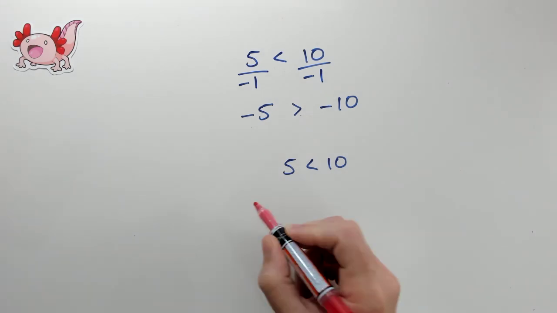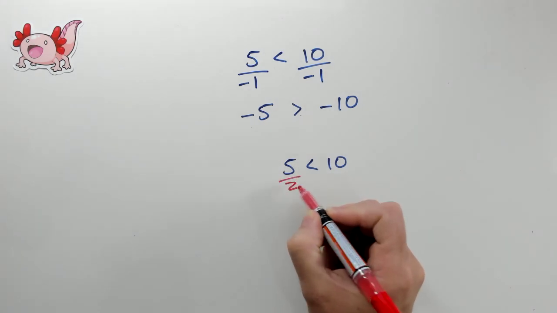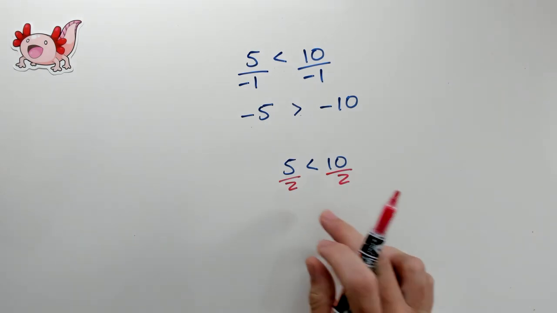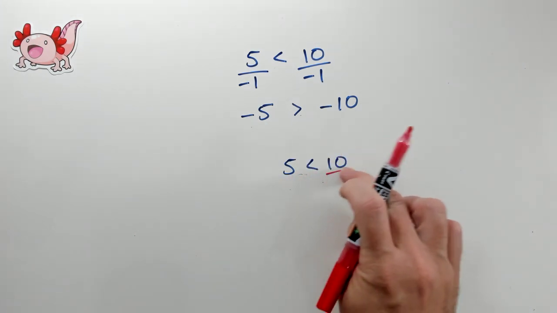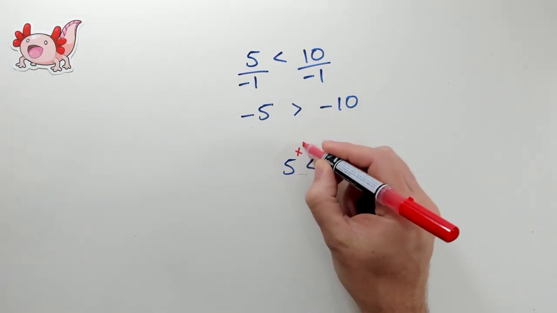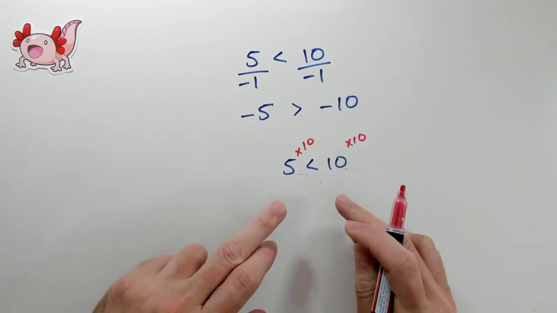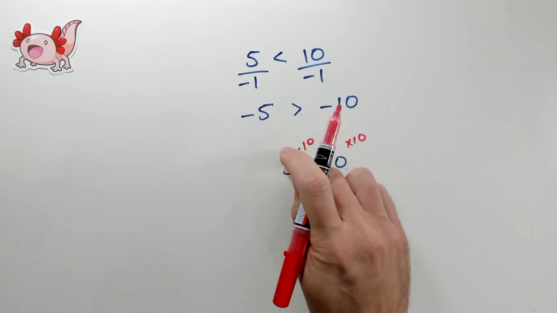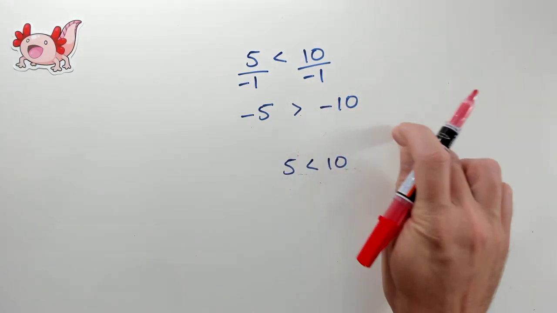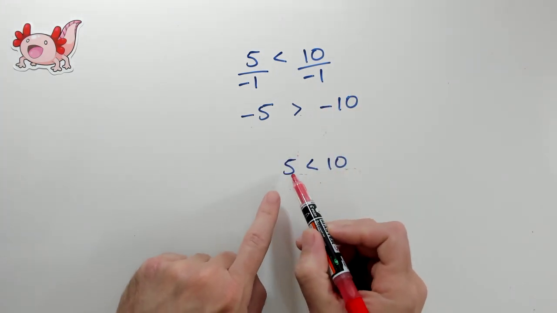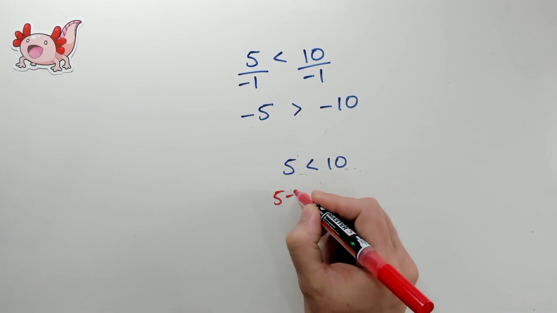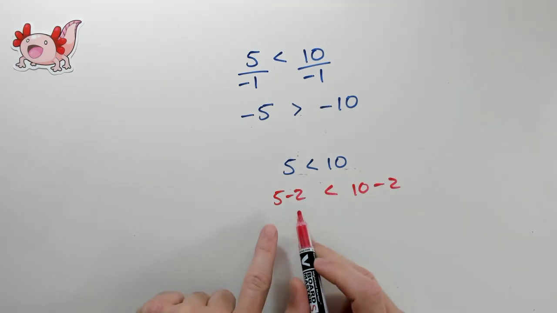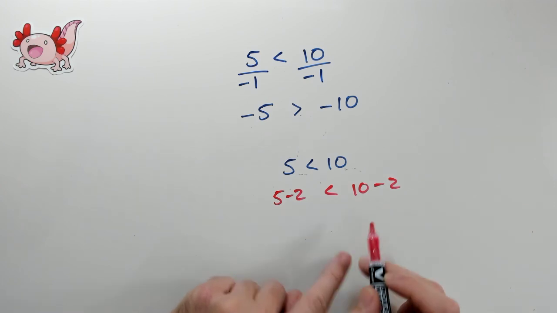If I were to halve this, I just divided by 2 on both sides, both numbers would get less, no problem there. If I multiplied it by 10 on both sides, both numbers would get bigger, but this one would still be bigger than that one. If I subtracted numbers here, let's say I took a 2 off, 5 minus 2 and 10 minus 2, 3 would still be less than 8.